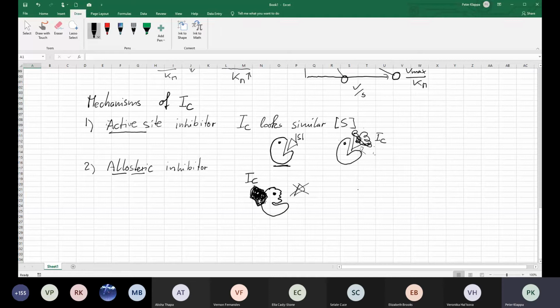On the other hand, if we have the substrate bound, then the allosteric inhibitor can no longer bind. So again, you see, mutually exclusive.